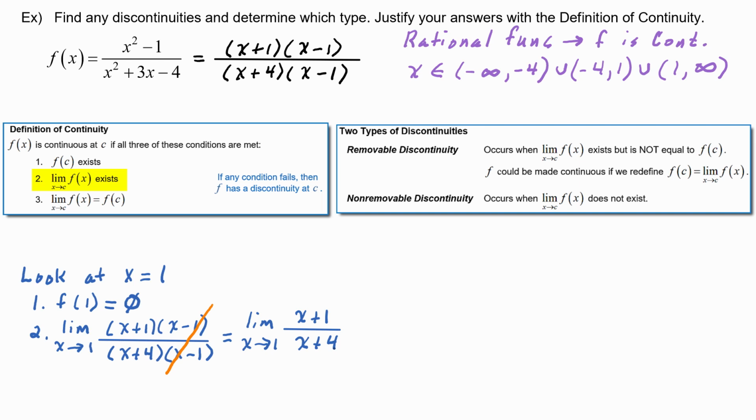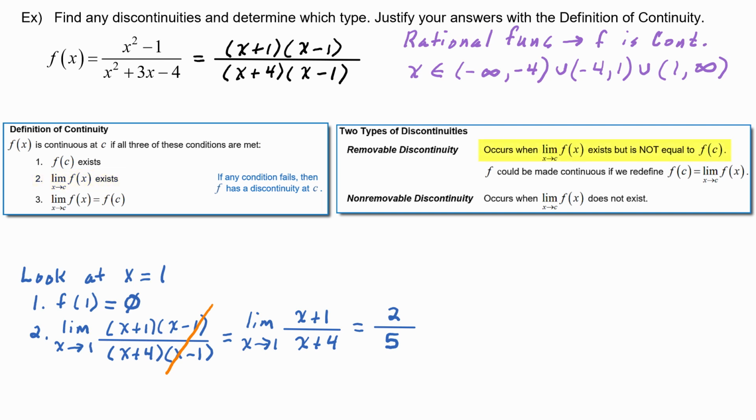The next thing we try is direct substitution. So if we take the 1, put it into the numerator, we get 2. And plugging 1 into the denominator, we get 5. So this limit does exist. This limit is equal to 2/5.